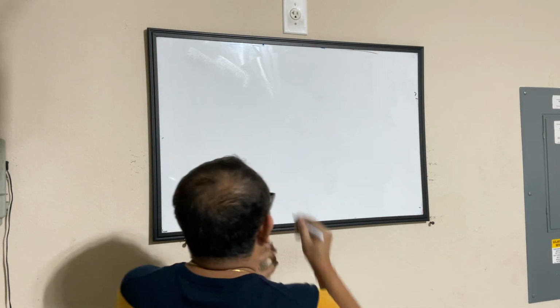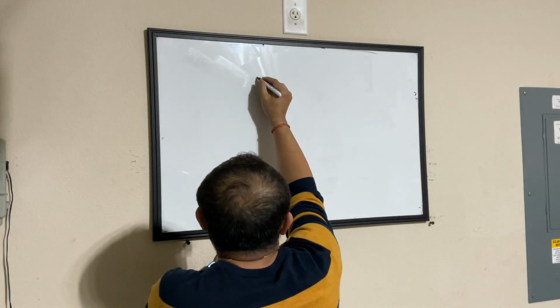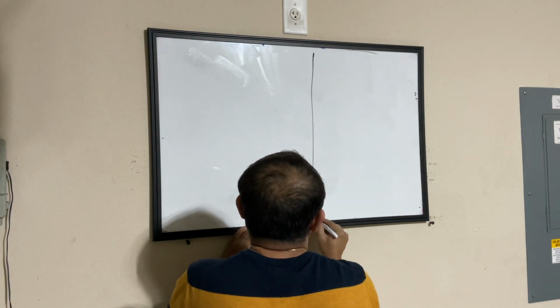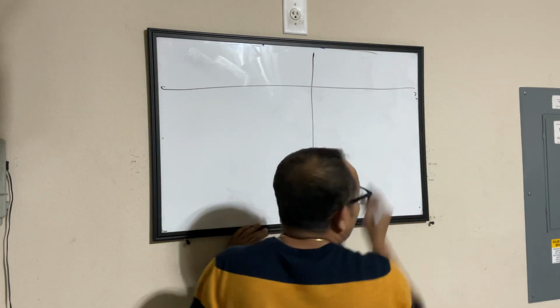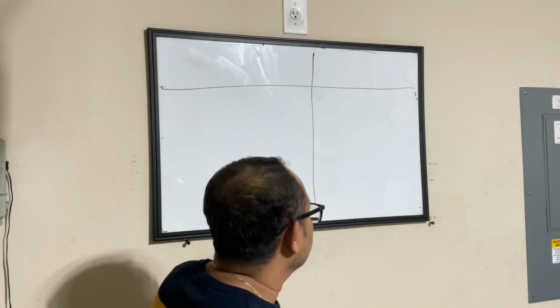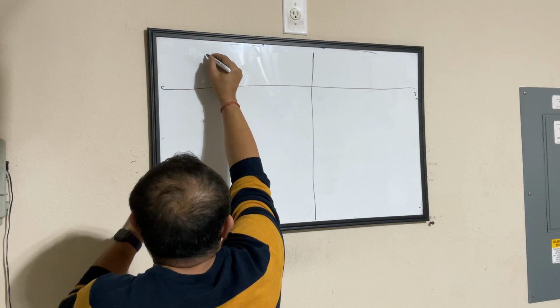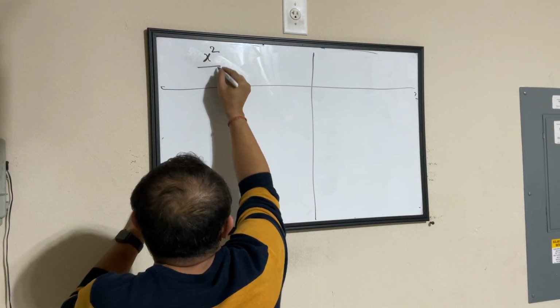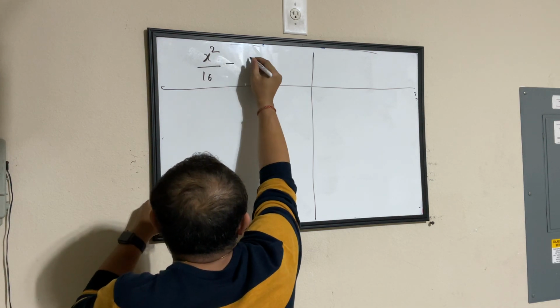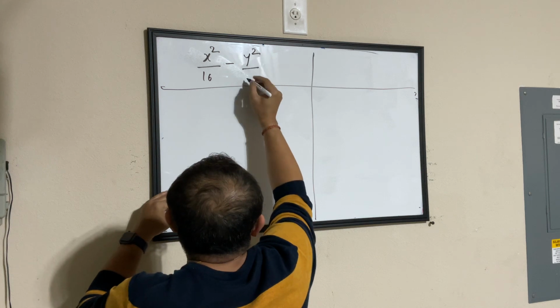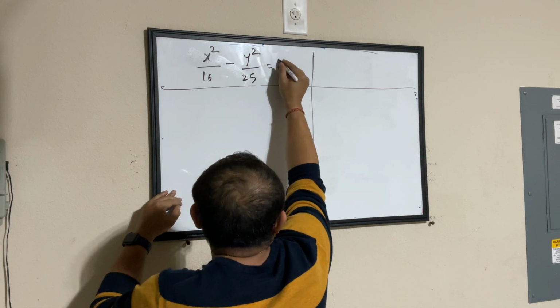Now let's look at two equations and evaluate the properties of both. The first is x squared by 16 minus y squared by 25 equal to 1.